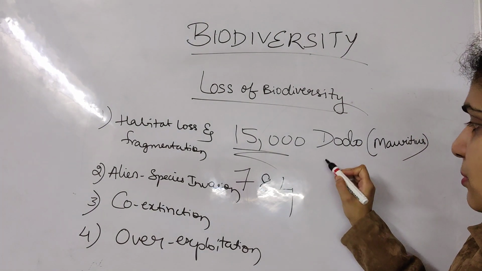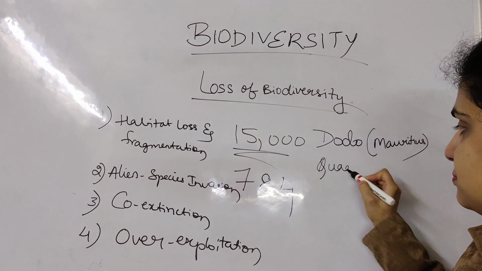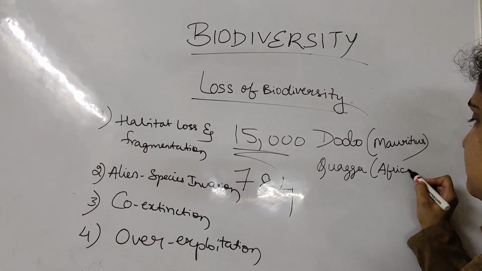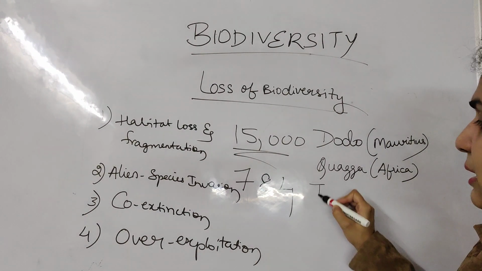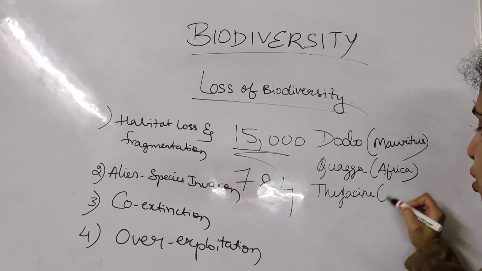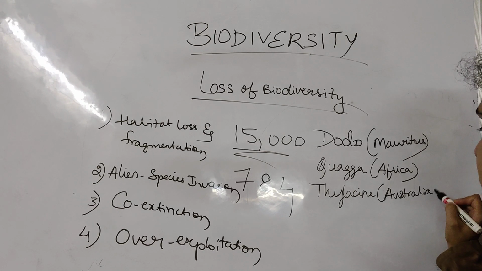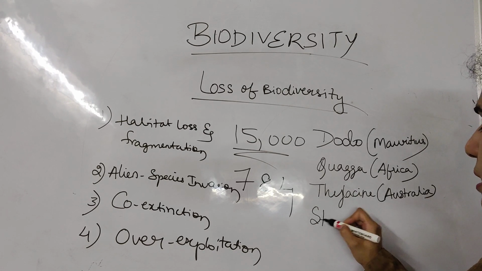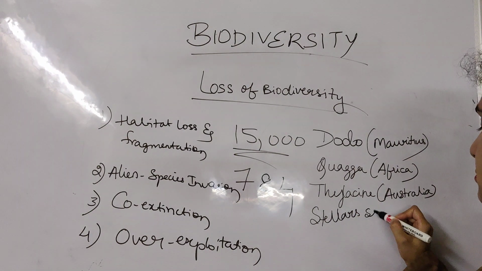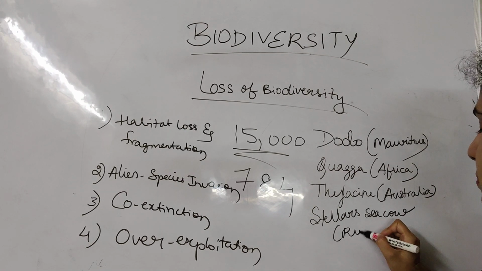Next, quagga, which belongs to Africa. Thylacine, which belongs to Australia. Steller's sea cow, Russia.